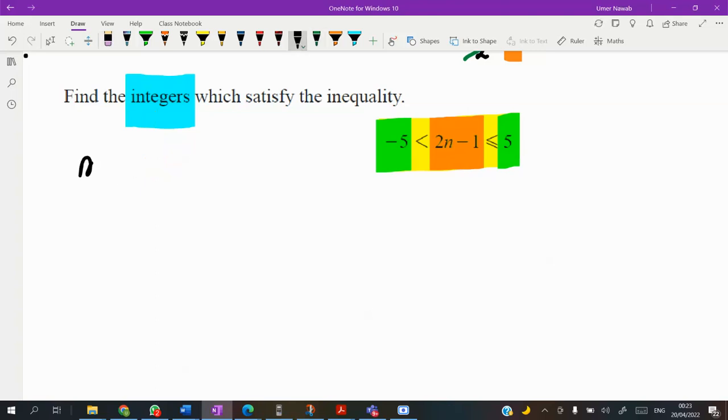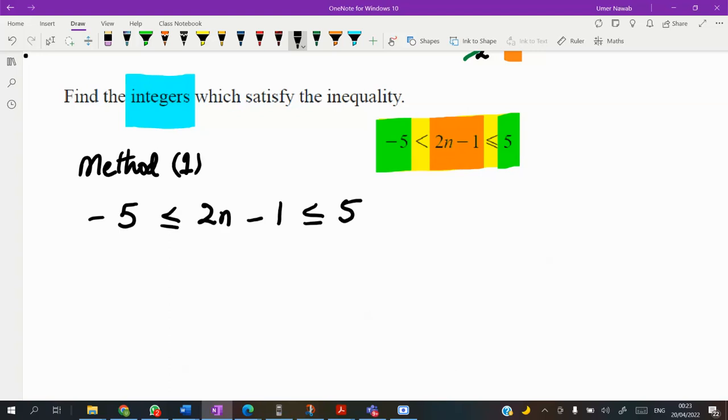Method number 1 is a famous method, and most teachers use it. How do they solve this? They will say that we want to make n the subject, so in this whole expression where 2n minus 1 is kept, you have to just leave n here and send the 2 and minus 1 to the other side.